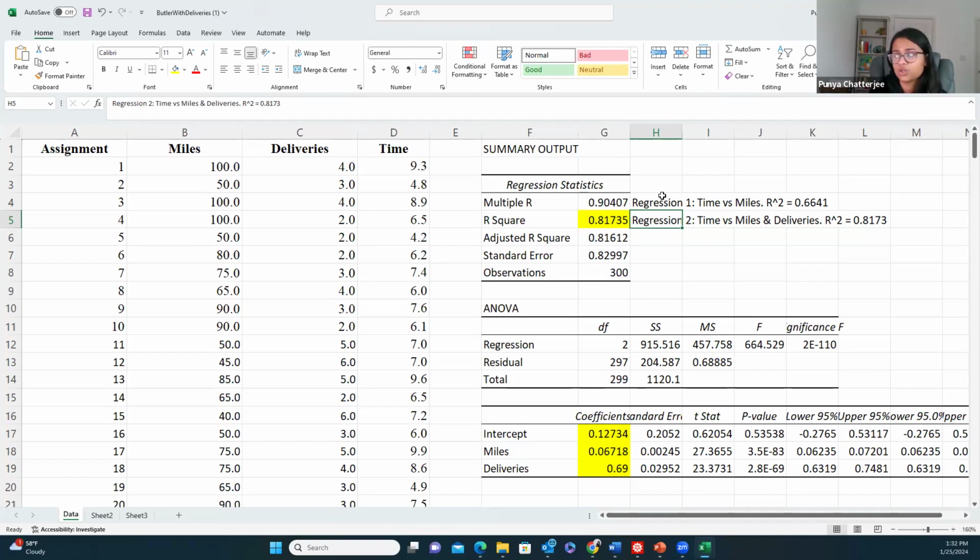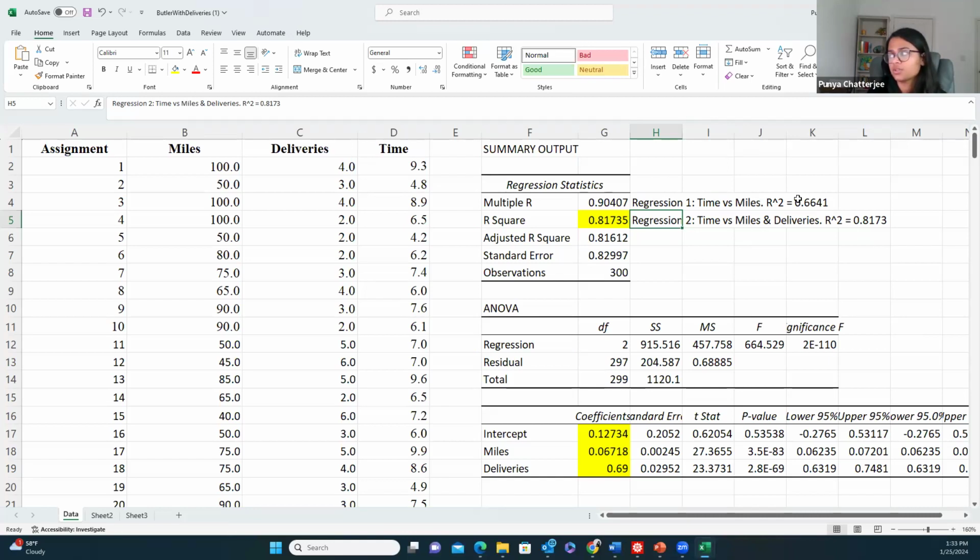The difference between model 1 and model 2 is that now we have one more independent variable, which is deliveries. So we are trying to explain time with respect to both miles and deliveries. And what we find is that the R-squared significantly improves, right? There is almost a 17% change in R-squared.